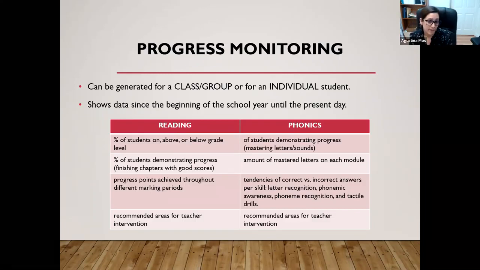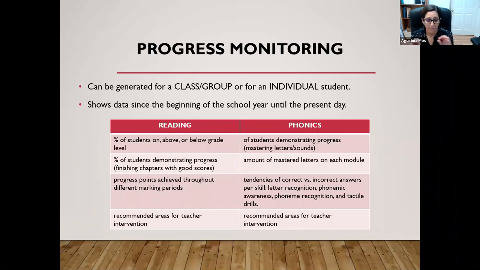And then when it comes to the phonics progress, we'll see how many students are demonstrating progress. Remember, progress in the phonics is the amount of letters that I've mastered completely, gotten 100% on. How many mastered letters or sounds I have on each individual module, the tendencies of correct versus incorrect answers per skill.